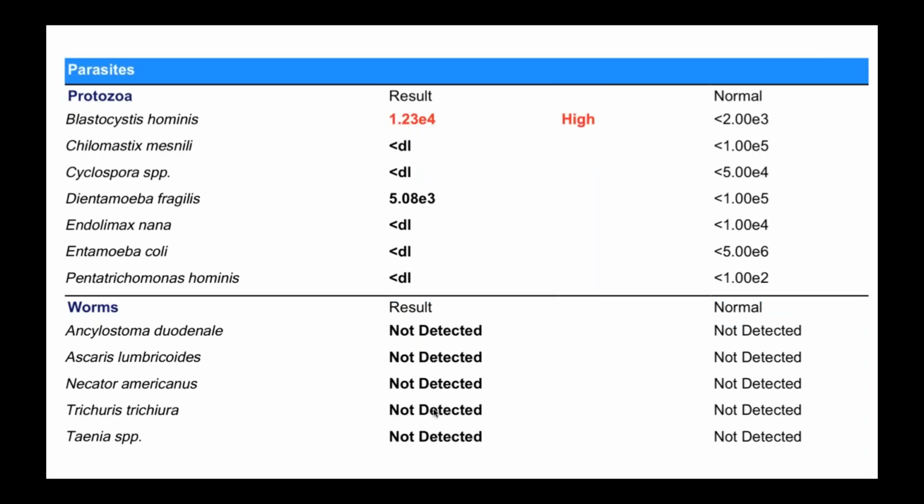We can also see here that Blastocystis is significantly elevated, and we also have the presence of Dientamoeba fragilis, so some additional parasites. Once again, this is a scenario that we commonly see when stomach acid is compromised. It's actually common in many patients to see quite a few different pathogens and parasites present, along with the presence of H. pylori.